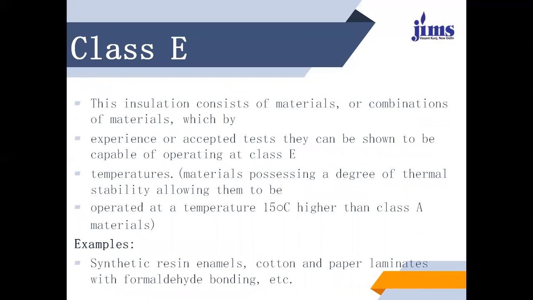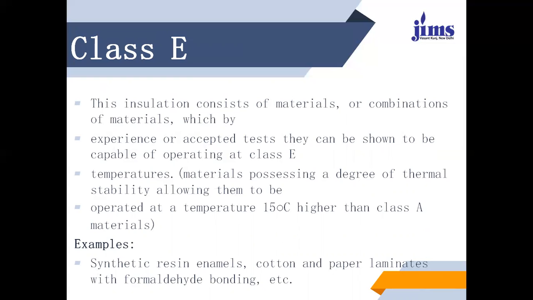Now the class E type material. This insulation consists of materials or combinations of materials which by experience or accepted test can be shown to be capable of operating at class E temperature. These materials possess a degree of thermal stability allowing them to be operated at a temperature 15 degrees Celsius higher than class A type material.